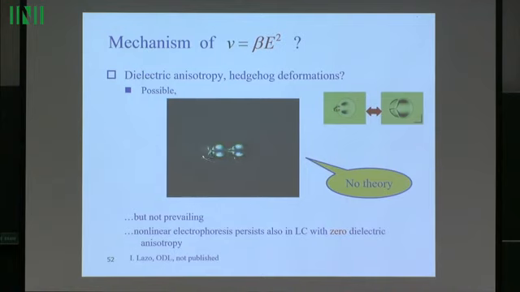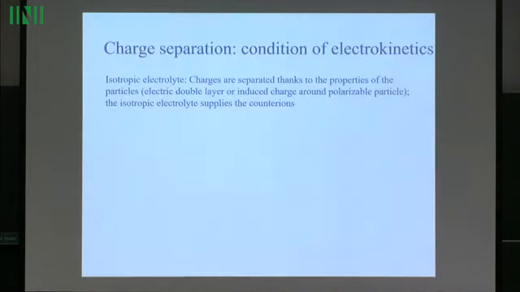And yes, they are kind of moving, but very slowly, and it turns out that this is not the mechanism. We verified that by using a liquid crystal with zero dielectric anisotropy. In that case, the director field doesn't change when you apply the electric field, but the propulsion is still there. So let us come back to the main idea of electrophoresis.